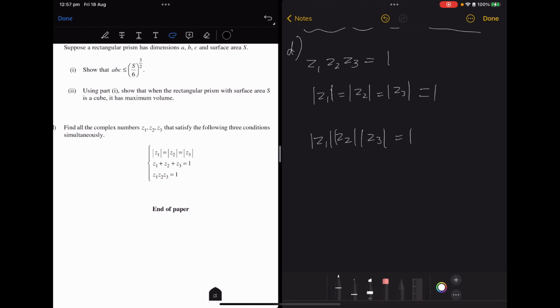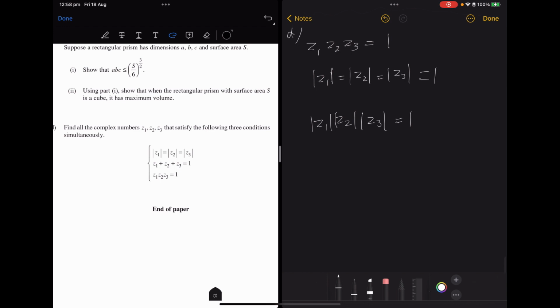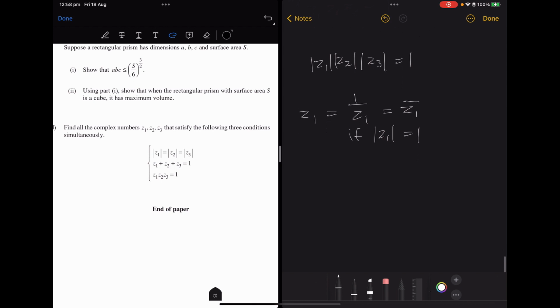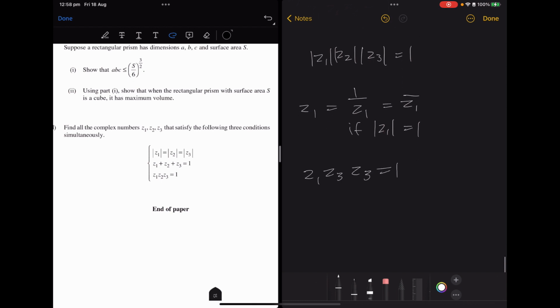So because of that, you should hopefully remember that when you have a complex number, its reciprocal is equal to its conjugate if the modulus is equivalent to 1. So using that idea, we can rearrange the third equation here. So z1 z2 z3 is equal to 1.